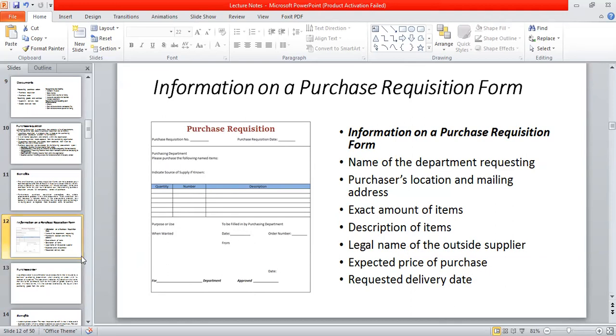So basically, this is the purchase requisition, how it can benefit the organization, and also some of the information and details that the auditor needs to take into account when assessing for risk.